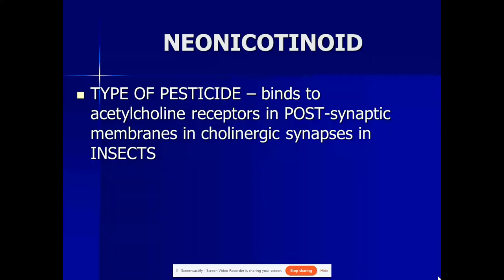So this is basically how we kill an insect. Cholinesterase then does not break down these pesticides, so they may remain bound to those receptors, preventing acetylcholine from binding. Therefore they block synaptic transmission and ultimately kill the insect.